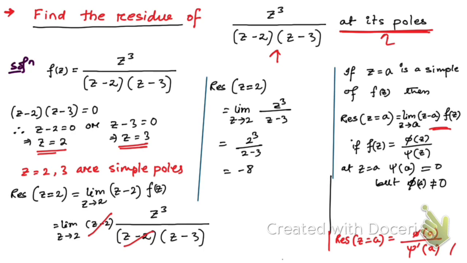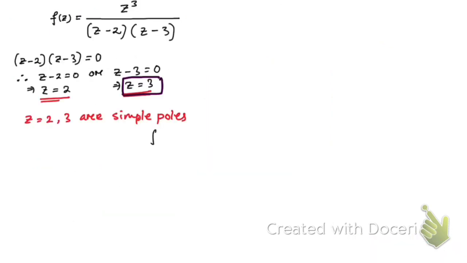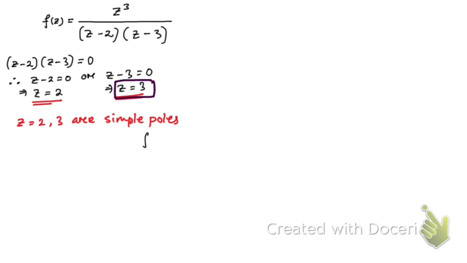Now let us find the residue at the pole z is equal to 3. Now let me go to the new slide. Let me copy all these things. So here is the new slide. So these are the functions and the poles.